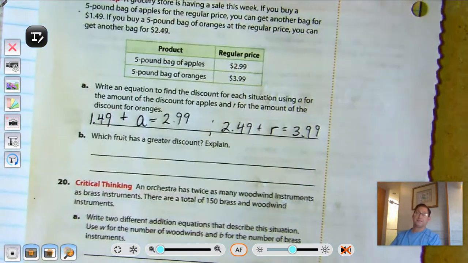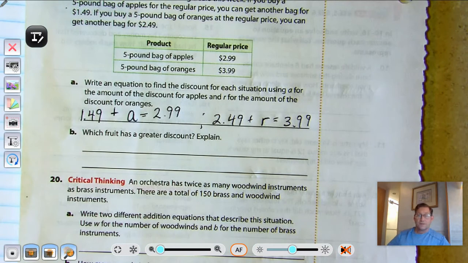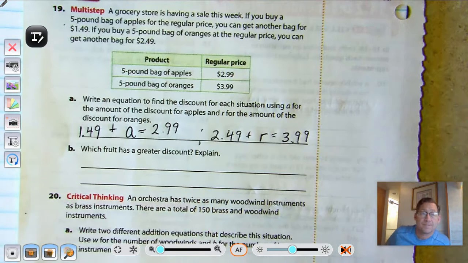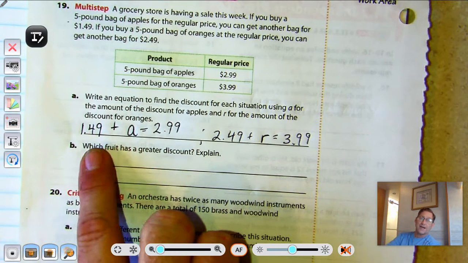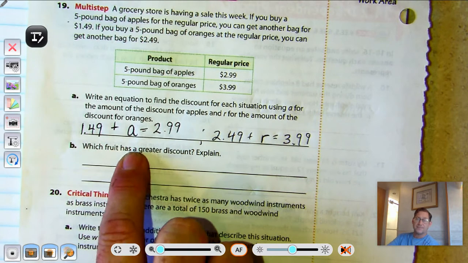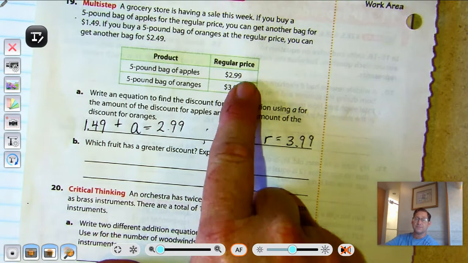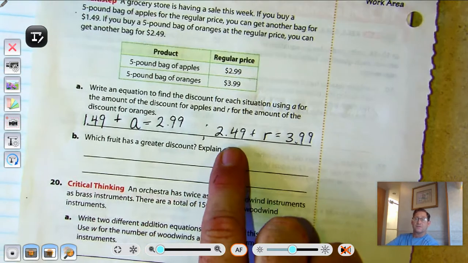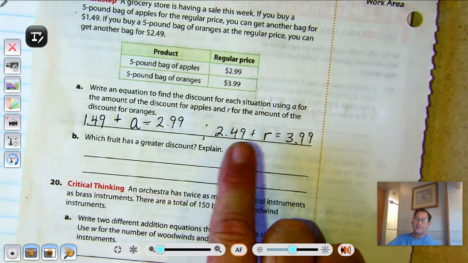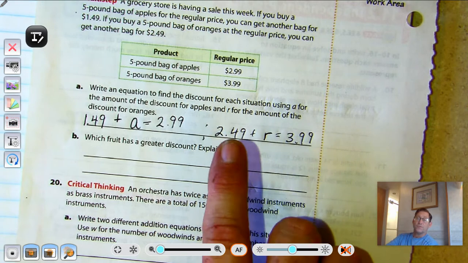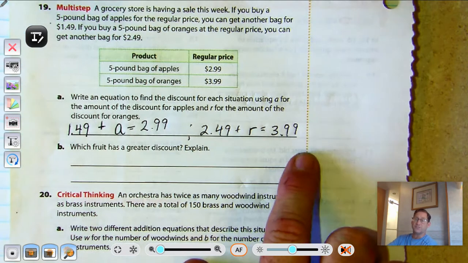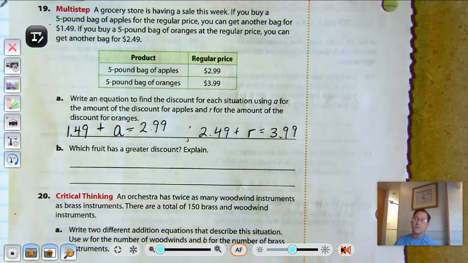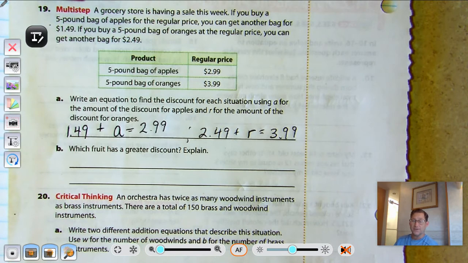So that's going to tell us the amount. So if they're spending $1.49 plus the amount of the discount, that would get it back to the original price of $2.99. With a sales price of $2.49, plus the discount will get you back to the original amount. So which fruit has a greater discount? And we need to explain.